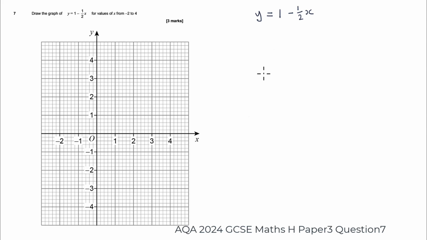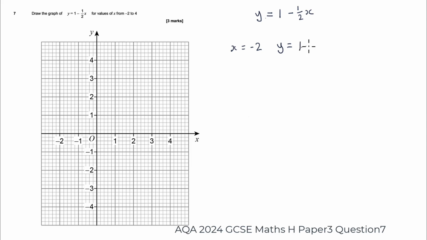So let's start finding a couple of points on the graph. And let's do the 2 points at either end of this range. So we'll start off with x equals -2. And we'll use this formula to work out y. If a point lies on this graph, then its coordinates will satisfy this equation. So in particular, if the x-coordinate is -2, we can work out what the y-coordinate is from this formula.